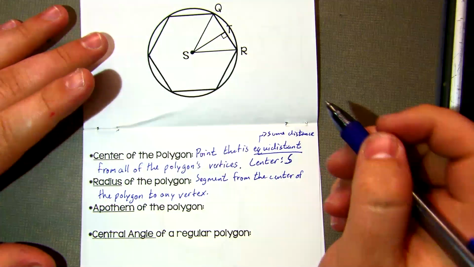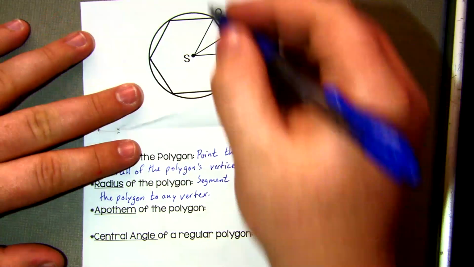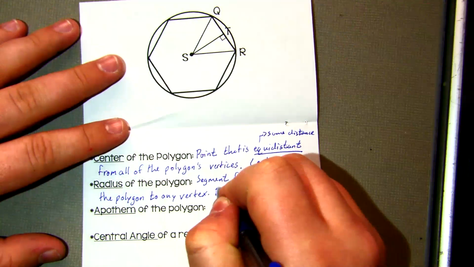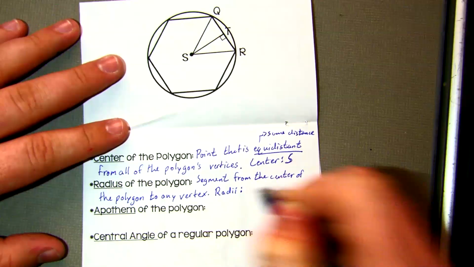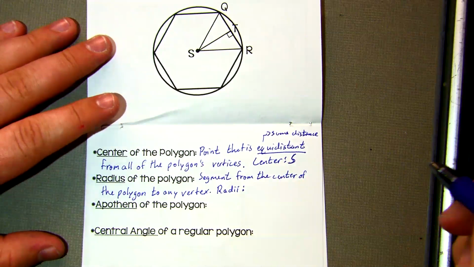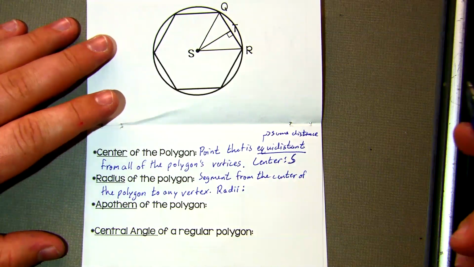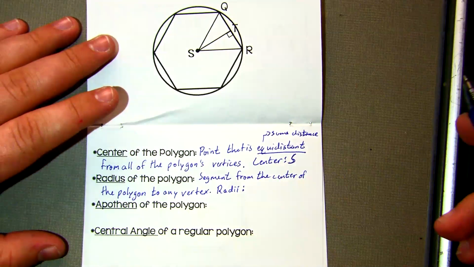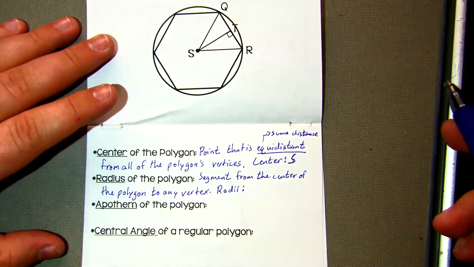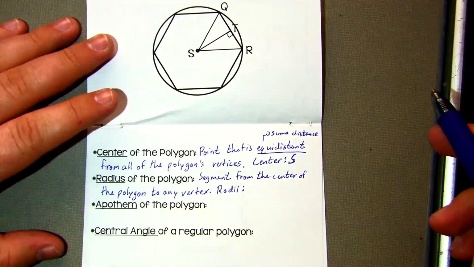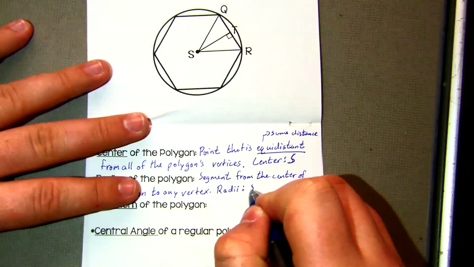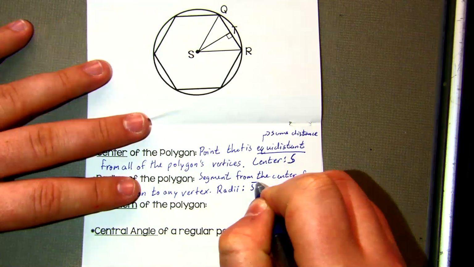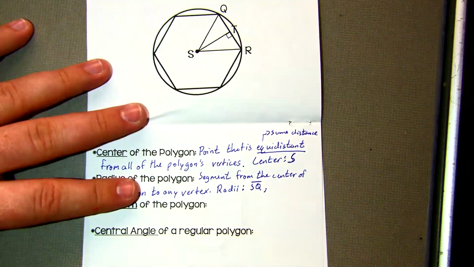And what we know about the radii is that they're the same length. So can I get someone to identify one of our radii in this polygon? SQ. SQ, perfect, thank you. So we've got SQ as one. And then do we have another radius?